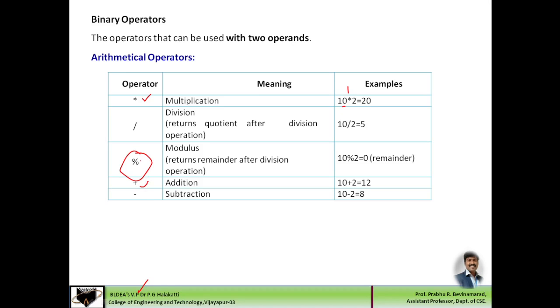The modulus operator will retrieve the remainder. This operator will be used when finding whether a given number is even or odd. In that case we require a remainder. Depending upon the value of the remainder, we will take a decision whether the given number is even or odd. So whenever you want a remainder, you have to apply a modulus operator.